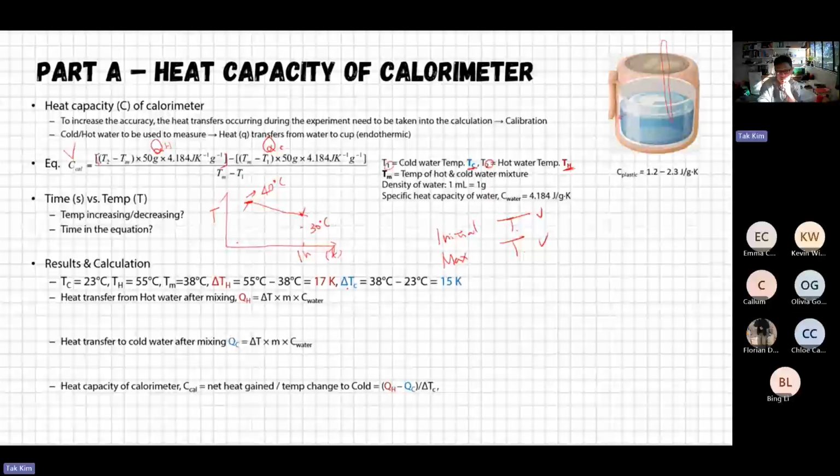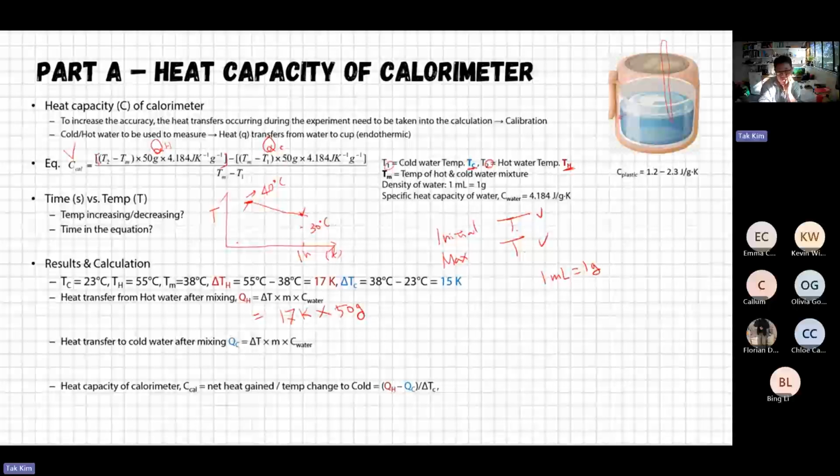So what I'm going to do is use these values, and I'm sure you will have no trouble using your values. So in the end, delta T in my case will be 17 Kelvin, times, since it was 50 milliliters, using the density of water, 1 ml equals 1 gram, so it can be simply translated into 50 grams.